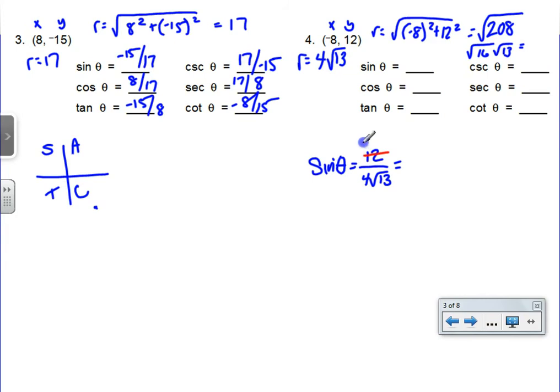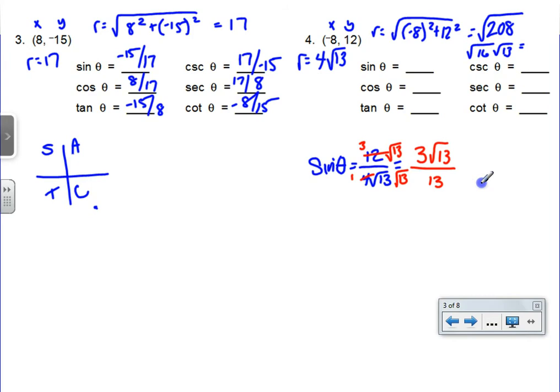Let's just go ahead and do that now. This will be a 3 over 1. And then Brad said there's a radical in the bottom, so you're going to have to multiply top and bottom by what to rationalize it? Square root of 13. Now, some of you guys are really good at rationalizing without showing work. That's fine. So I think we have 3 square roots of 13 on top. And then what's on bottom? 13. Good. So there's your sine.